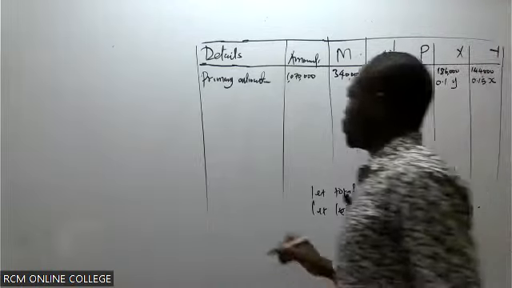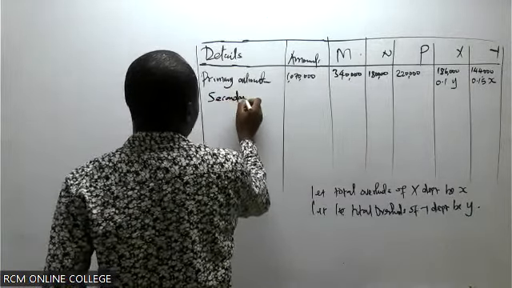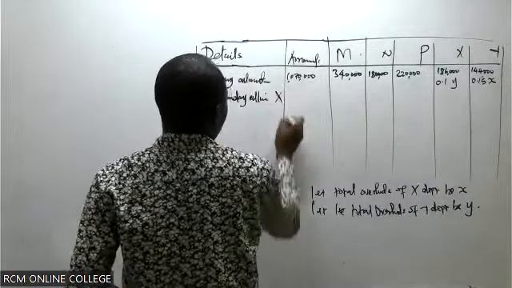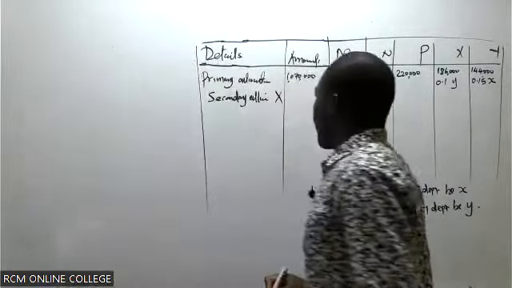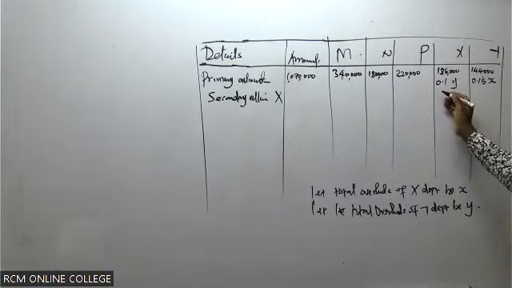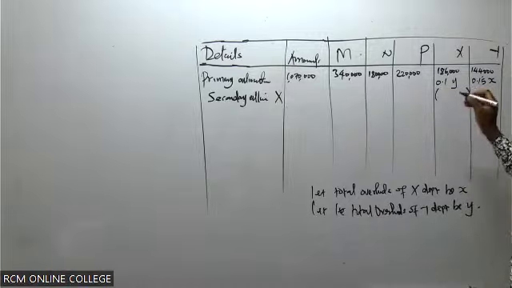So if you're going to do secondary allocation here, you start with what X will be giving out. X will be giving out its total to all these departments. What is the total for department X?